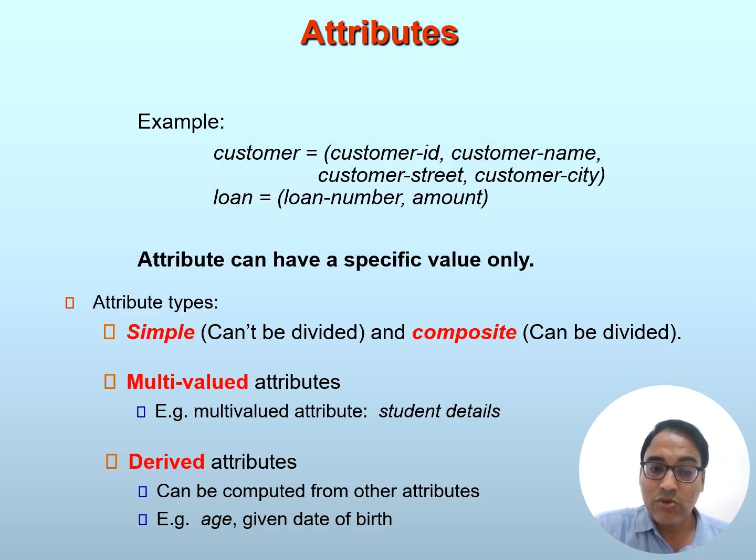Okay, but some attributes are derived attributes. So what do you mean by derived attributes? They are normally not there. They are never asked. Like suppose our age is never asked. Everywhere in the programs, the system itself calculates it from our date of birth.